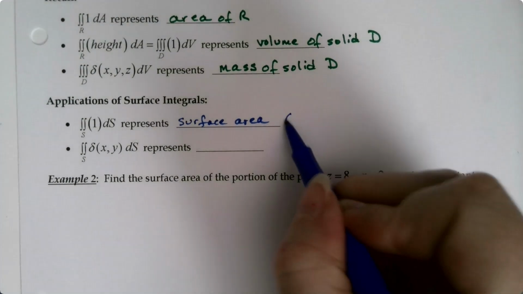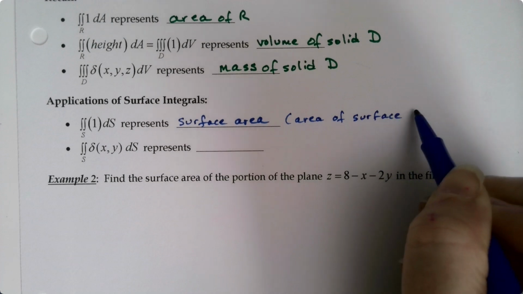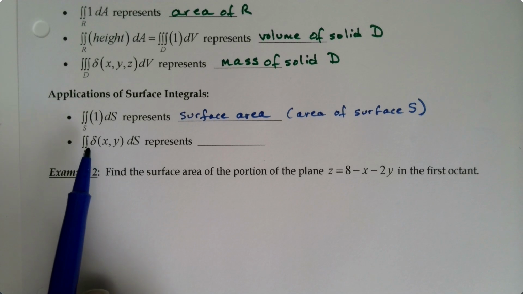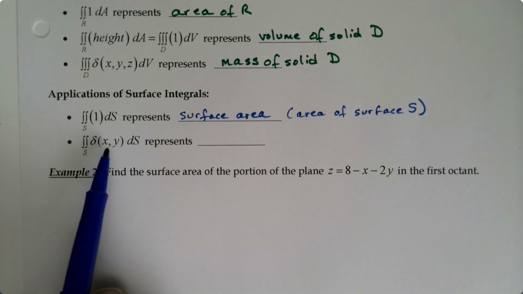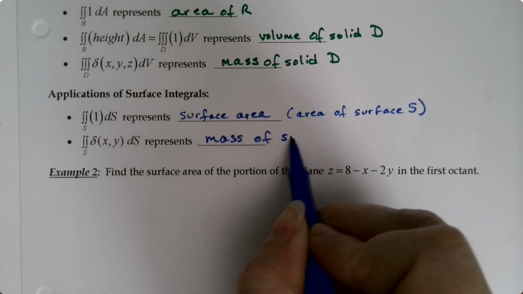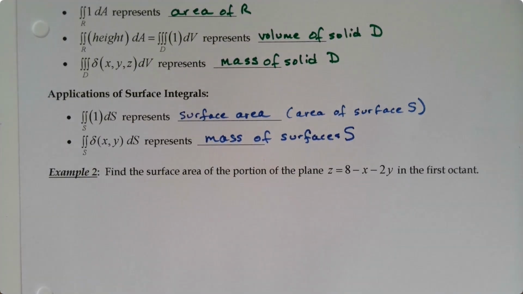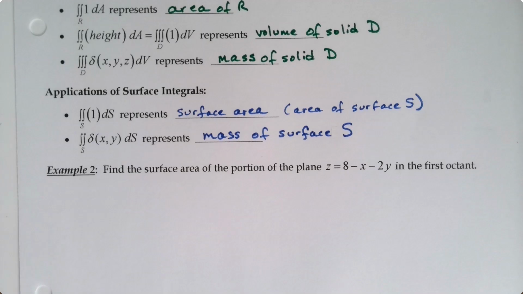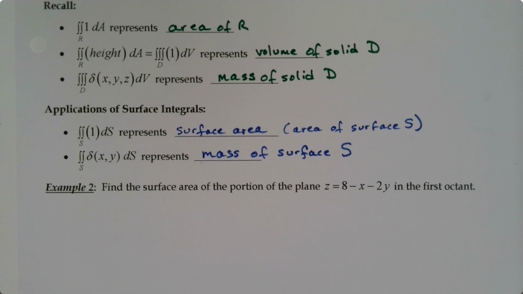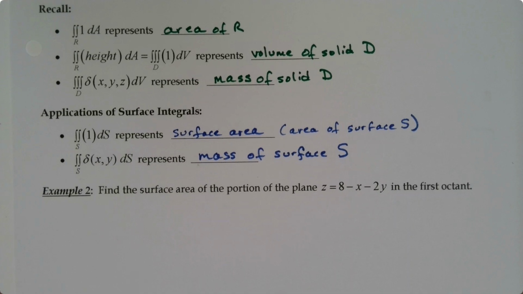The area of the surface S. And then if you take the surface integral of the density, then that would represent the mass of the surface S. So there's a quick recap of the basic types of double and triple integrals we've learned so far, and then the new ones, the new surface integrals, and what they find.